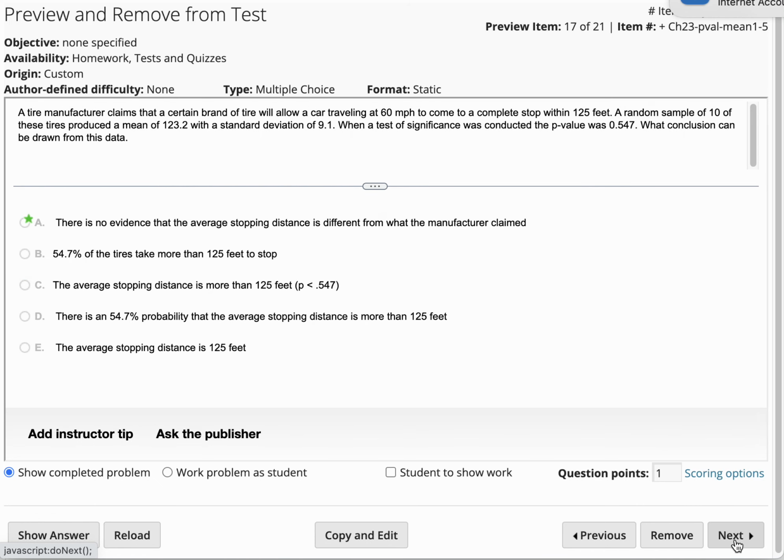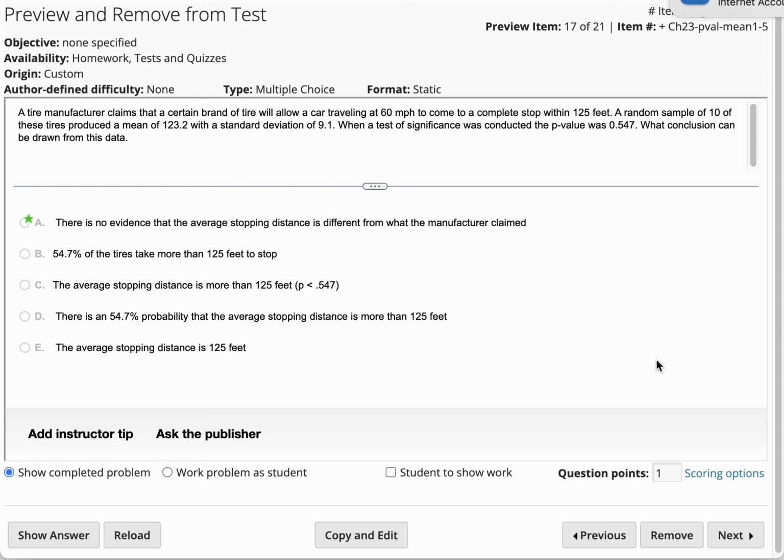Number 17. Tire manufacturer claims that a certain brand of tire will stop within 125 feet. Here's some data. A test of significance produced a p-value of 0.547. Bad news, it's not less than 0.05.